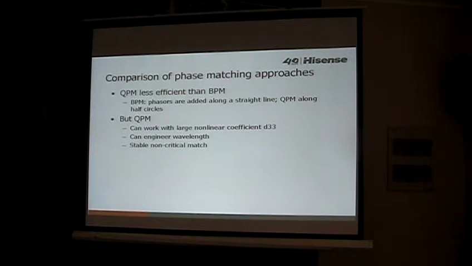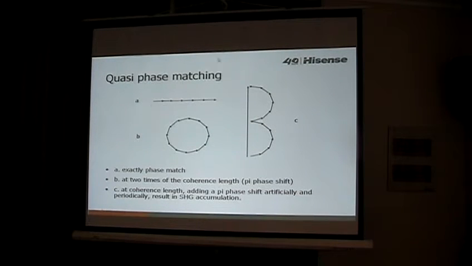Once we have this quasi-phase matching technology, compared to birefringent phase matching, if we assume the same value of nonlinear optical coefficient, then the efficiency of quasi-phase matching will be less than that of the birefringent phase matching scheme. As we can see here, birefringent phase matching goes directly up as a line, but quasi-phase matching goes like a circle, so it is not as efficient.